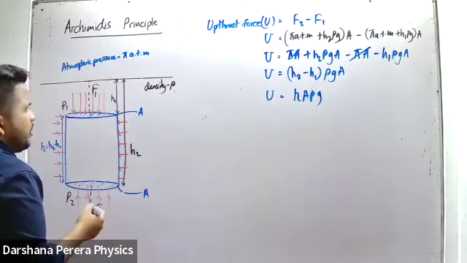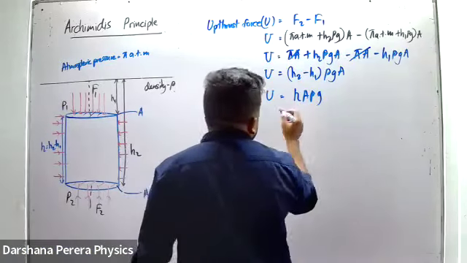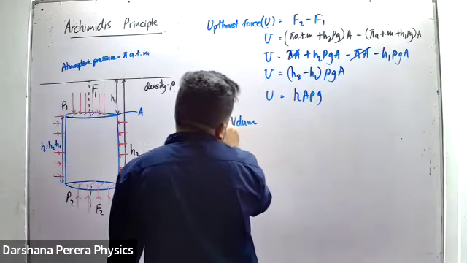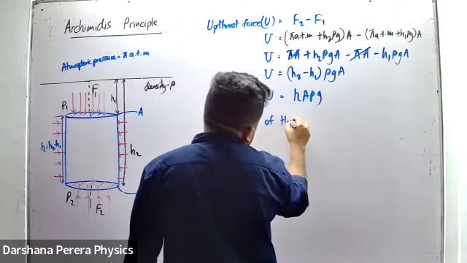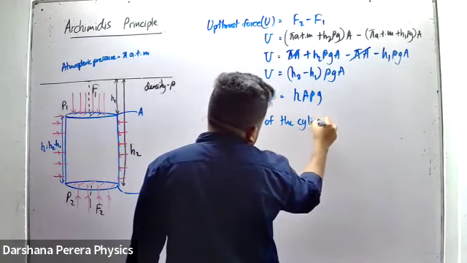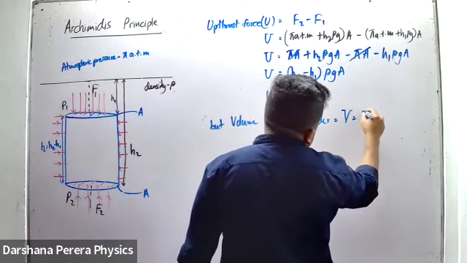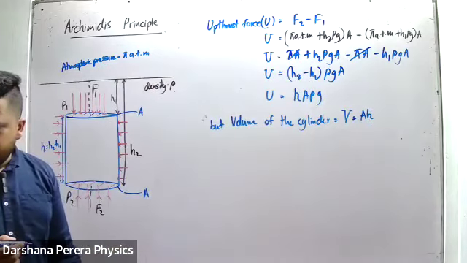So this is capital U. So what does H into A mean? The volume of the cylinder equals capital V equals A into H.